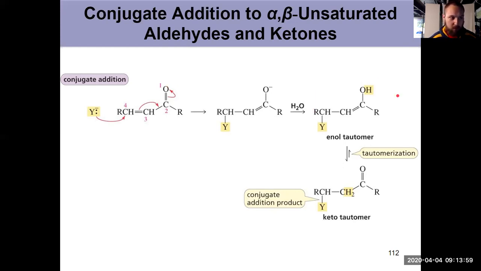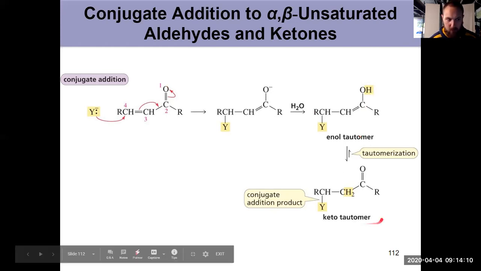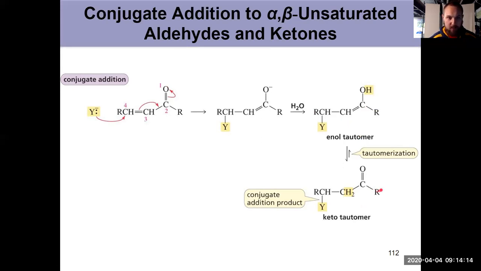Remember from chapter 7, we discussed an enol: en from the alkene, ol from the alcohol. So this is an enol over here. And back in chapter 7, we learned a keto-enol tautomerization. So my enol tautomerizes to the keto tautomer. That's something that we covered before.